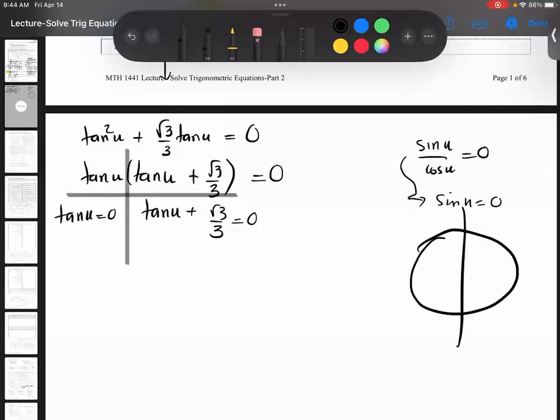Where is sine u 0 on the unit circle? Here and here, so here is 0, then pi, and then 2 pi. So u equals 0, pi, or 2 pi.